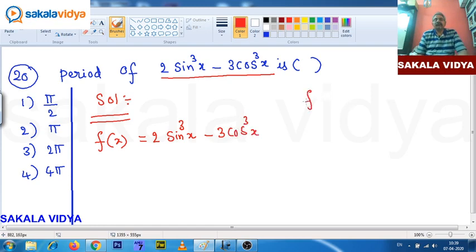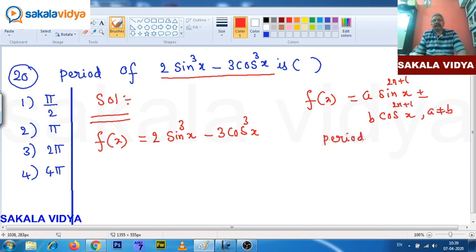For example, if f of x is equal to a sin x to the power of 2n plus 1, 2n plus 1 is the general form of the odd, plus or minus b cos x to the power of 2n plus 1, A does not equal b, the period is 2 pi.